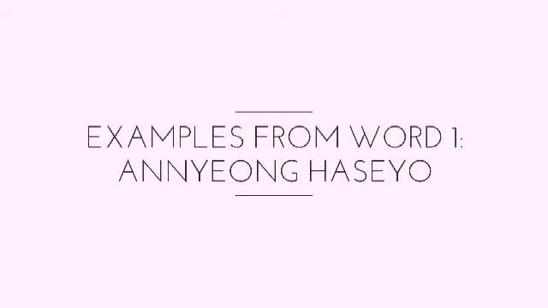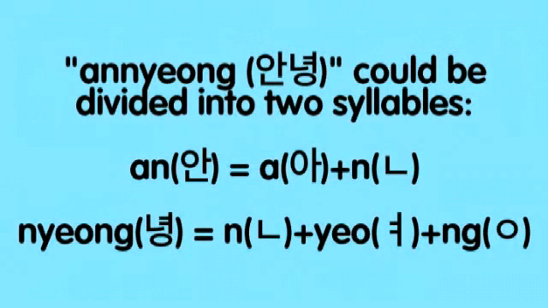Let's study the examples of the use of ieung. Word number 1: 안녕하세요. 안녕 could be divided into 2 syllables: 안, 녕. An is formed from the combination of the sounds of a and niun, with an ieung character in the first position, while nyong is formed from the combination of the sounds of niun, yo, and ieung.